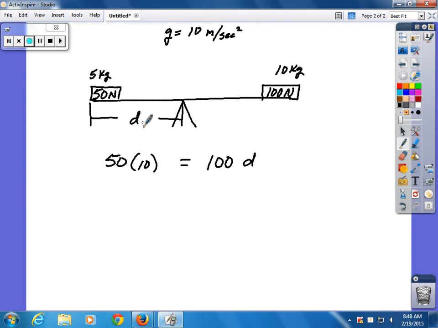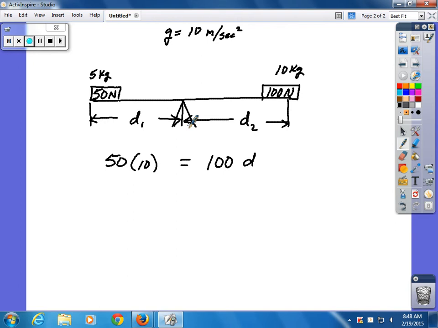We'll call that DC1. We've got the distance here, which is DC2. And we're just trying to find D right now.